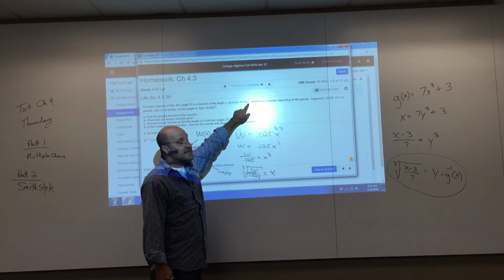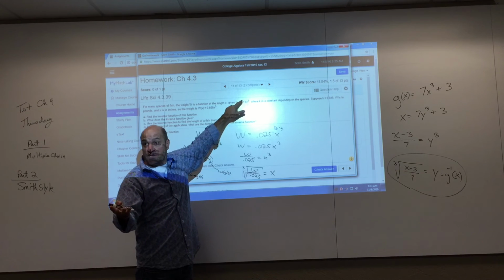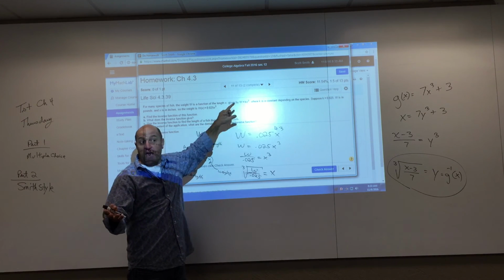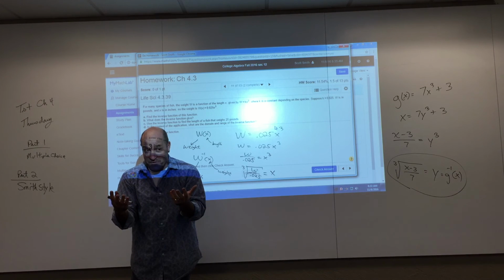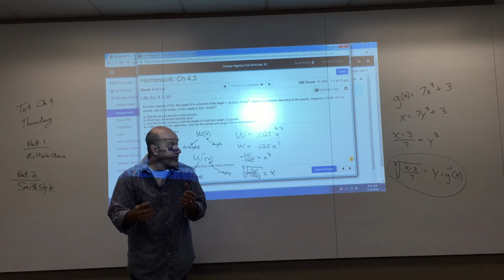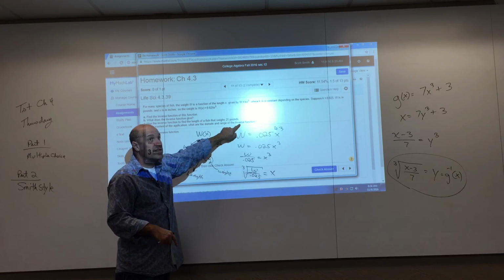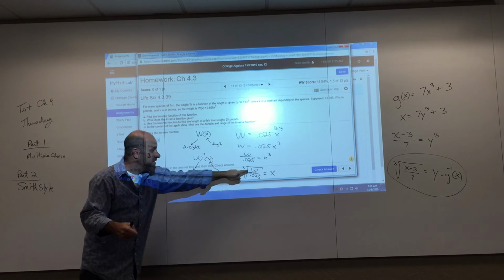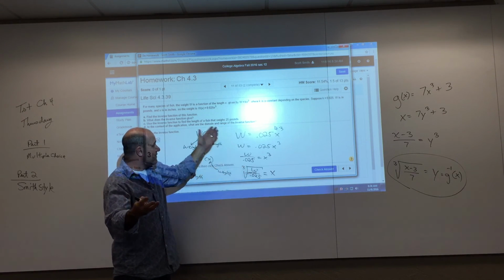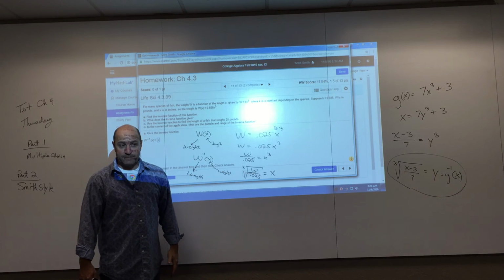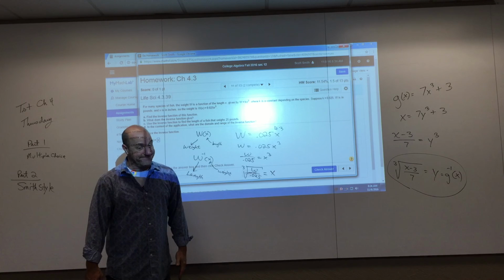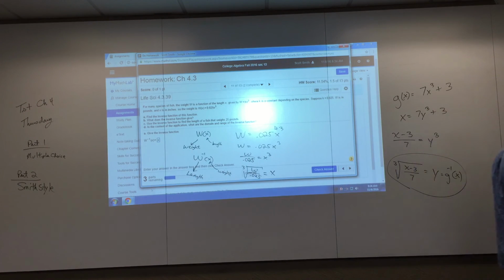I think the domain is length. I think the range is weight. When you have an inverse function, those things have switched. So the domain and the range are switched. So now the domain of the inverse function is weight, and the output of the inverse function is length. They've switched. All right, let's move on.